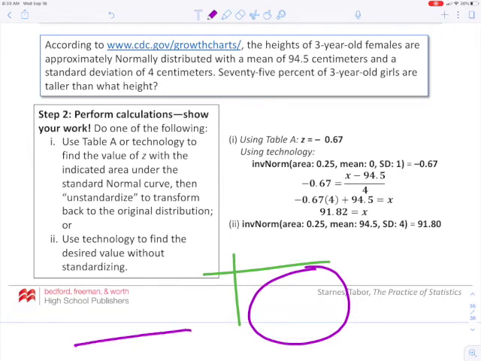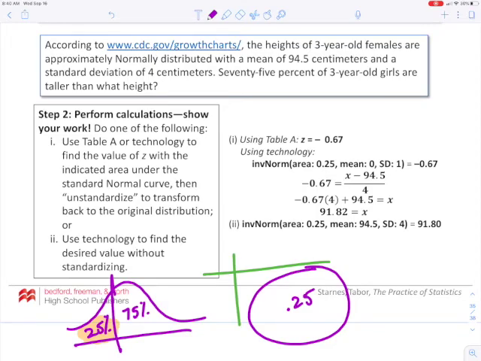Now remember, your table tells you the less than. So we're not looking for 75% because that's the greater than part. We're looking for 0.25. So you go inside the table and look for the value that is closest to 0.25.